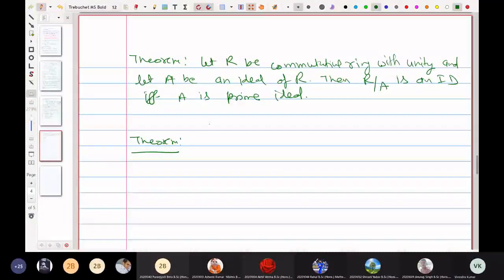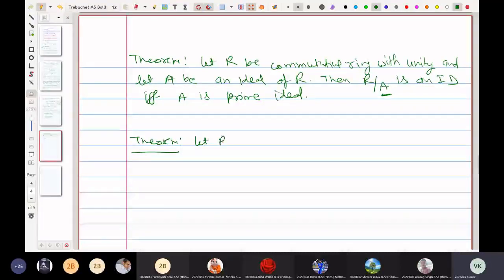In case A is a prime ideal, R by A becomes an integral domain. In case A is a maximal ideal, R by A will become a field. That is given in the next theorem.